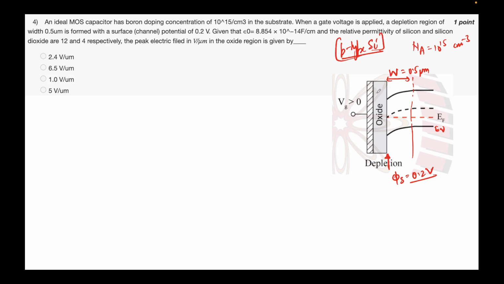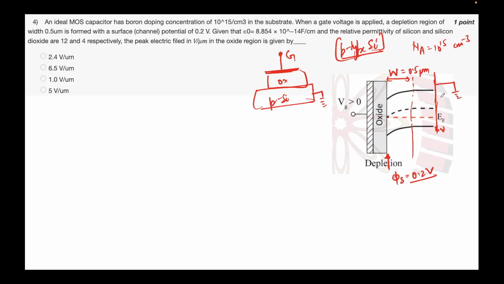How do we do that? Let me draw this physically, how it looks like. This is the metal or the gate, this is the oxide, and this is the semiconductor, p-type silicon, and this is grounded. This semiconductor is grounded here, so this interface over here is grounded.